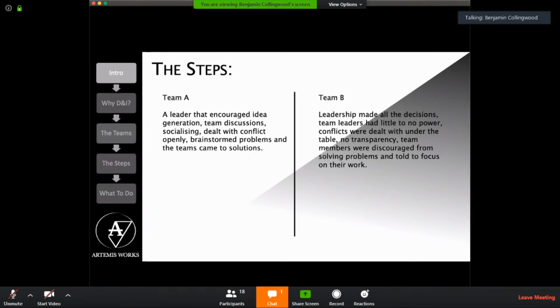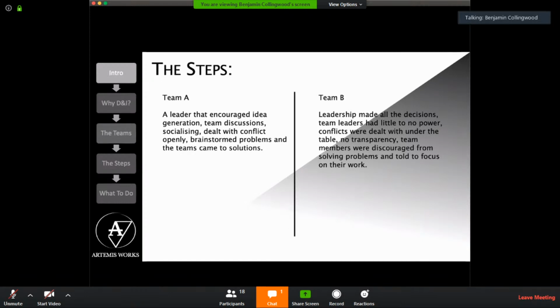By leadership I mean the level above, so the actual managers, not the team leaders. Team leaders had very little power. Conflicts were dealt with under the table, privately, but not positively privately, negatively privately, saying basically be quiet.